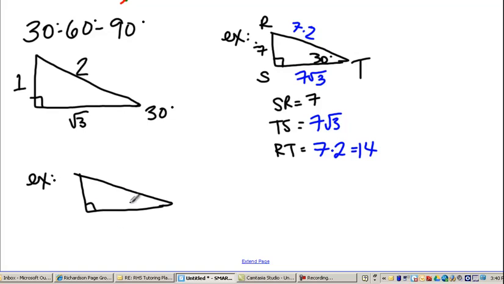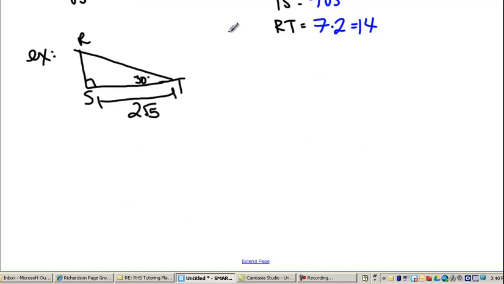So S is the right angle, T is my 30 degrees, R is my 60. So if ST had a length of 2 square roots of 5, okay, can we find the rest of the sides of the triangle?